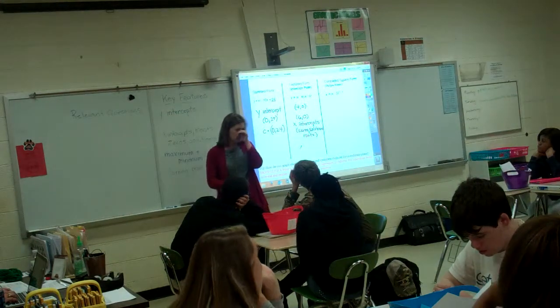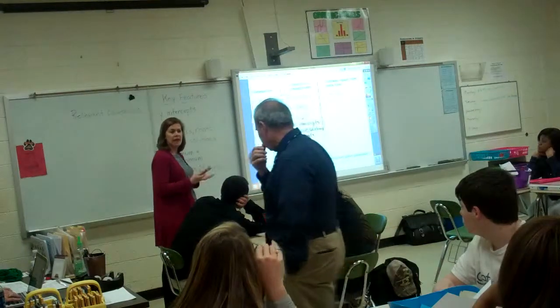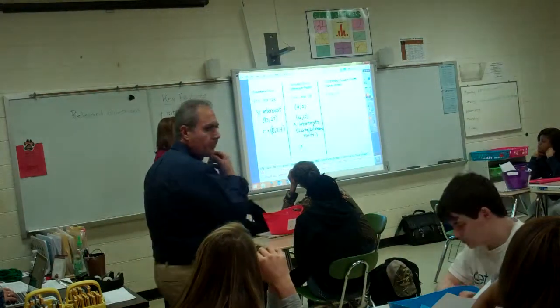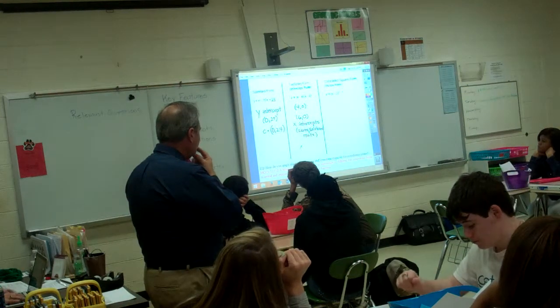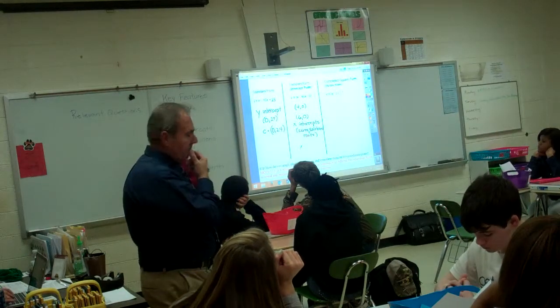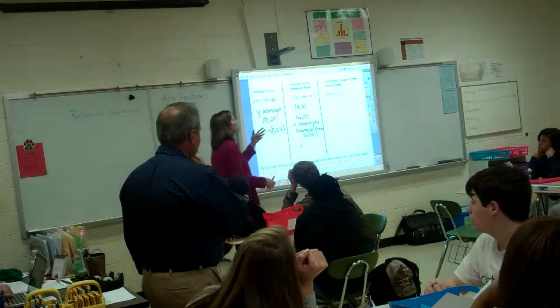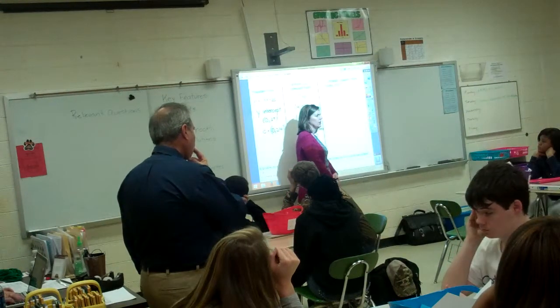Okay, what about the final one, vertex form, or completed square form? What can we look at and tell? If I look at the negative 5, what are you finding? What are we going to find just by looking at this? What does it tell us?